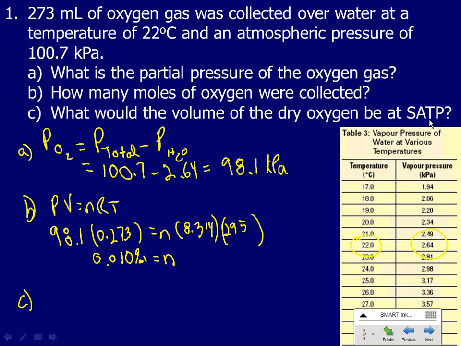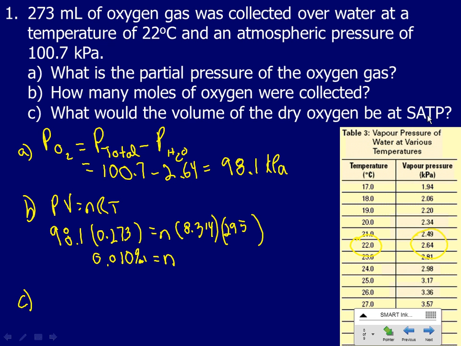And so this can be done in a couple of ways. Now that we know the moles, we could stick it back into a PV equals nRT equation and solve for a new volume, or we could use the combined gas law, because I have a volume, a temperature, and a pressure, and I'm now going to have another temperature and pressure, and I could solve for volume.